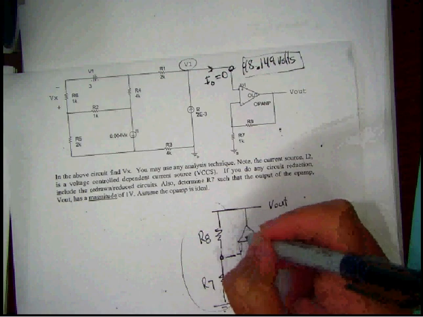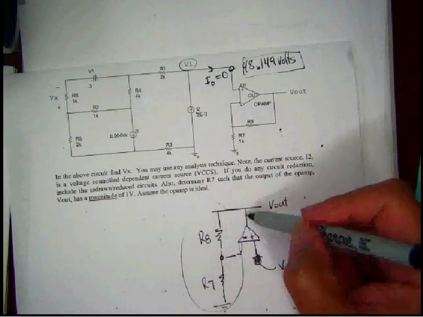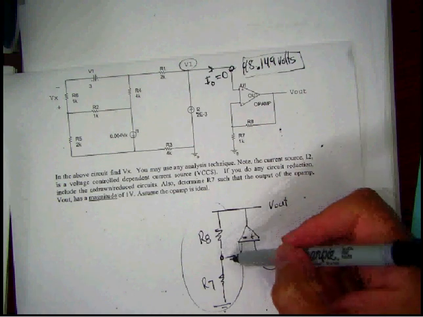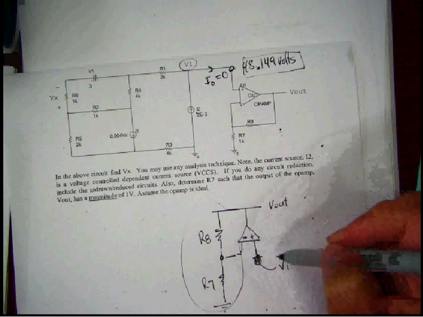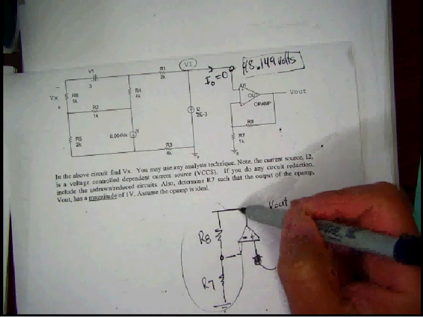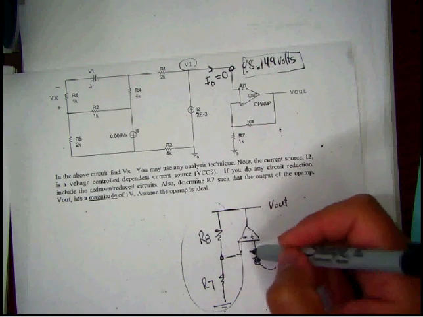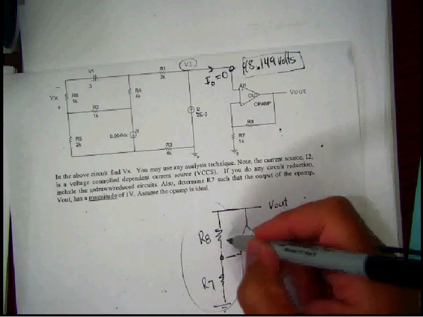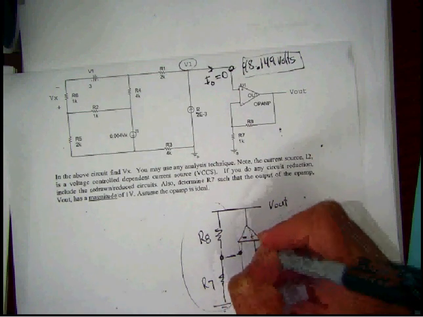Since we've got negative feedback going in here, the voltage is always going to climb until it tries to settle itself. So if this is lower voltage than this, it is going to increase V out. If V out increases, it will increase this node. And so basically, this is going to work to try and create an equal voltage here.